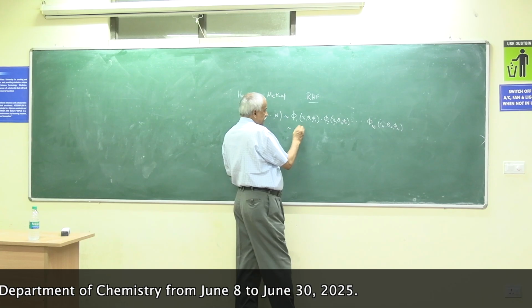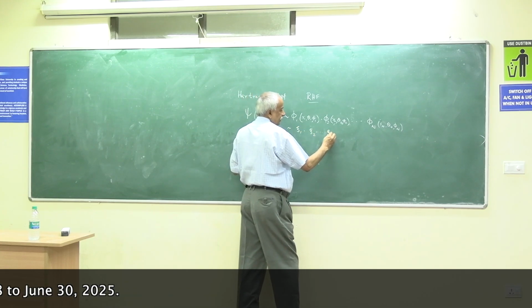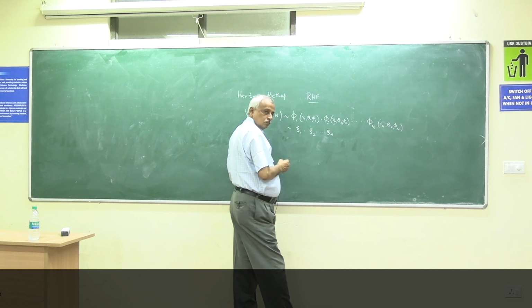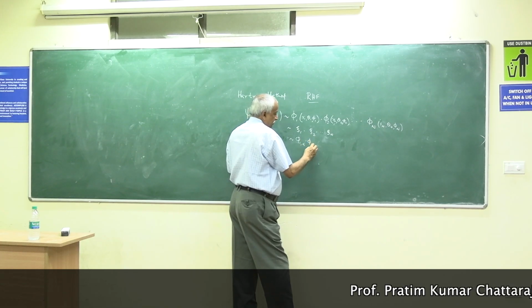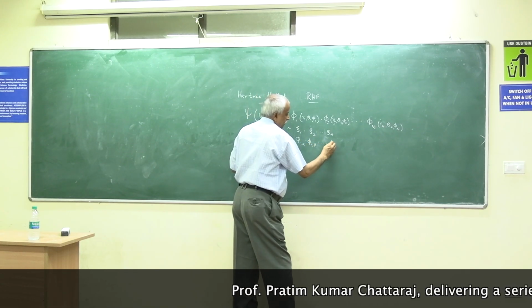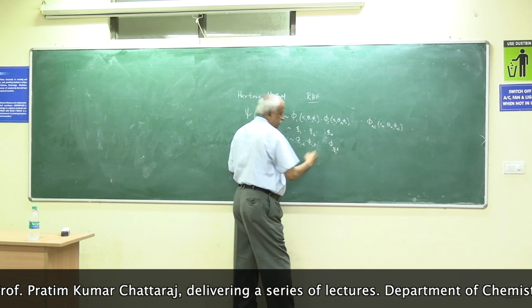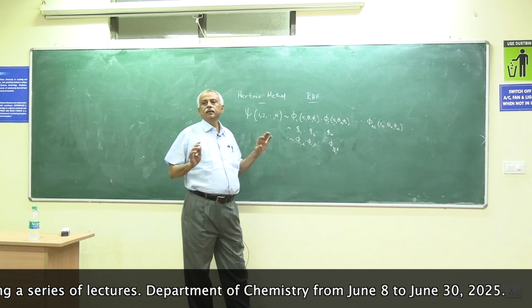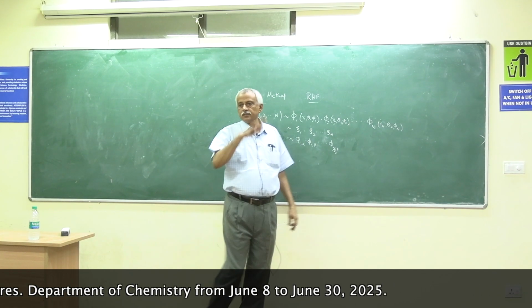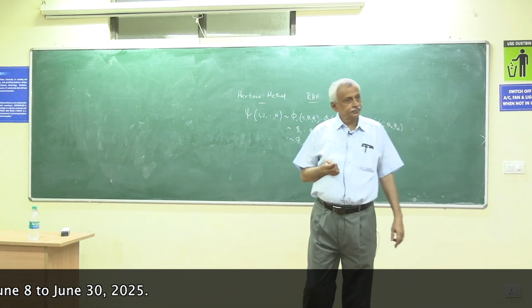So this is basically xi 1 into xi 2 into xi n, that is phi 1 alpha into phi 1 beta up to phi n by 2 beta. So altogether you need n by 2 orbitals, but this is only for closed shell systems. You get the restricted Hartree-Fock theory.